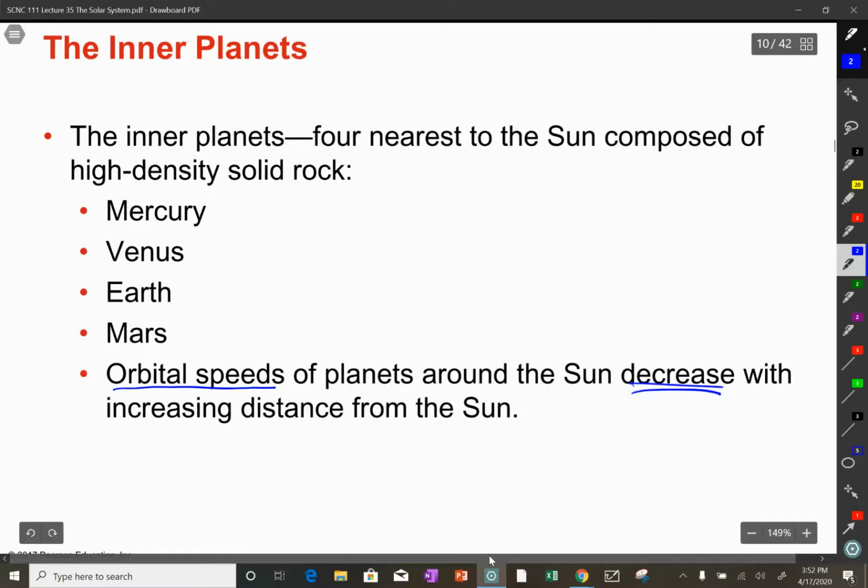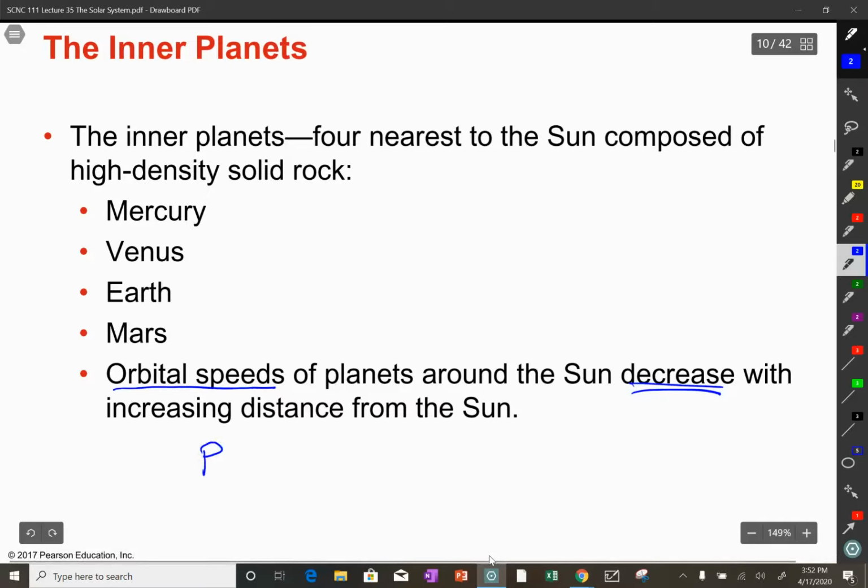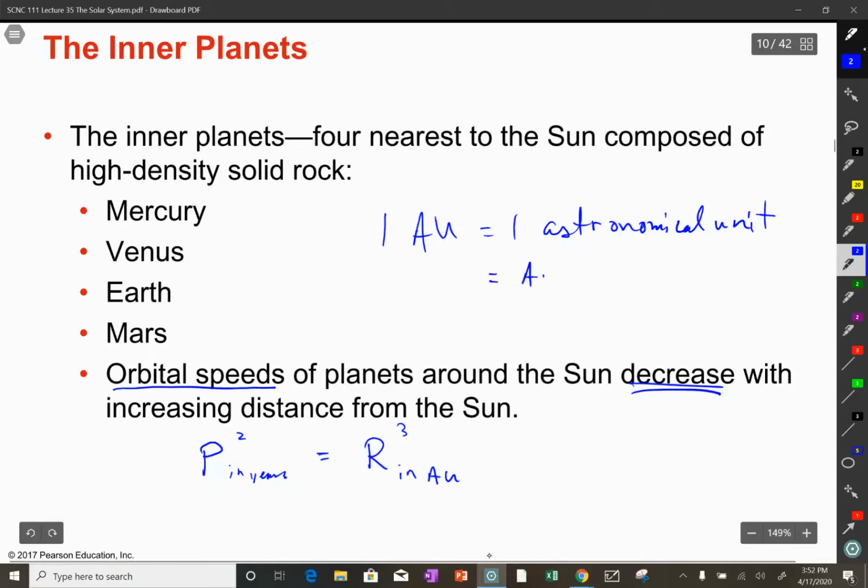In fact, we have an equation that says the period, the time it takes to do one orbit in years, squared is equal to the orbital radius in astronomical units cubed, where 1 astronomical unit is equal to the average distance between sun and Earth.